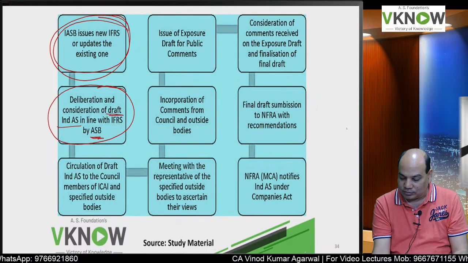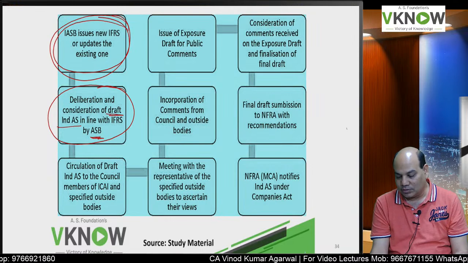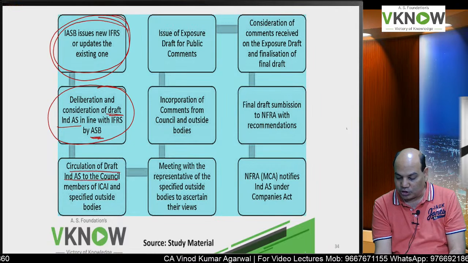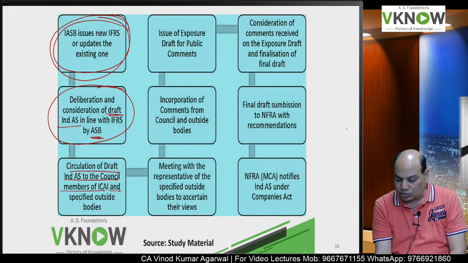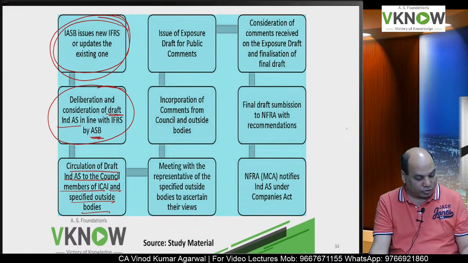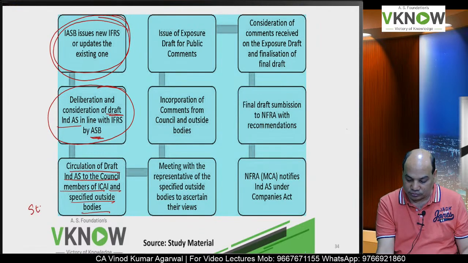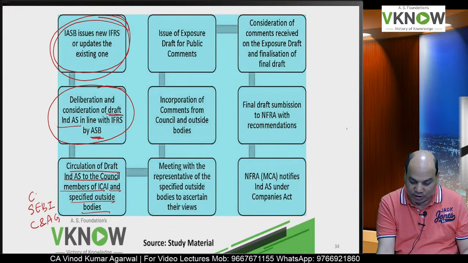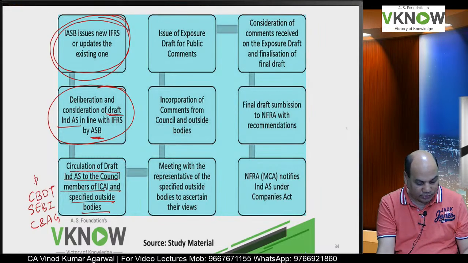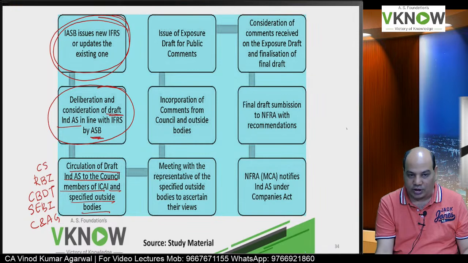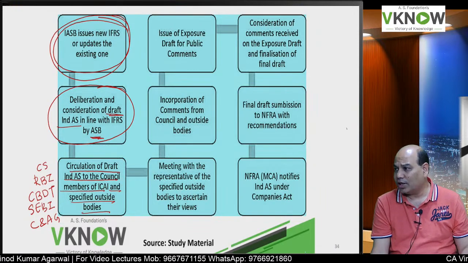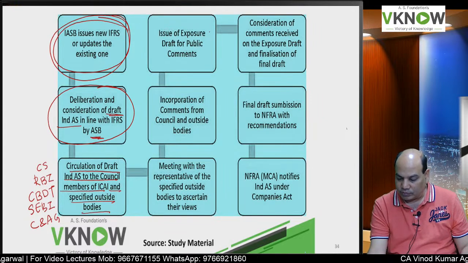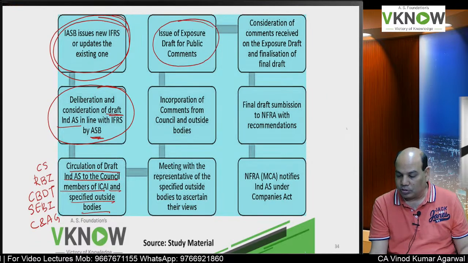Draft means their first version, not final version, which is based on IFRS, and then it is circulated to the council member of the ICAI and also specified outside bodies like SEBI, then C&AG, Comptroller and Auditor General, CBDT, Central Board of Direct Tax, even RBI, Company Secretary Institute. So some outside agencies or organizations, they are also shared this draft, and then issue of exposure draft for public comment.